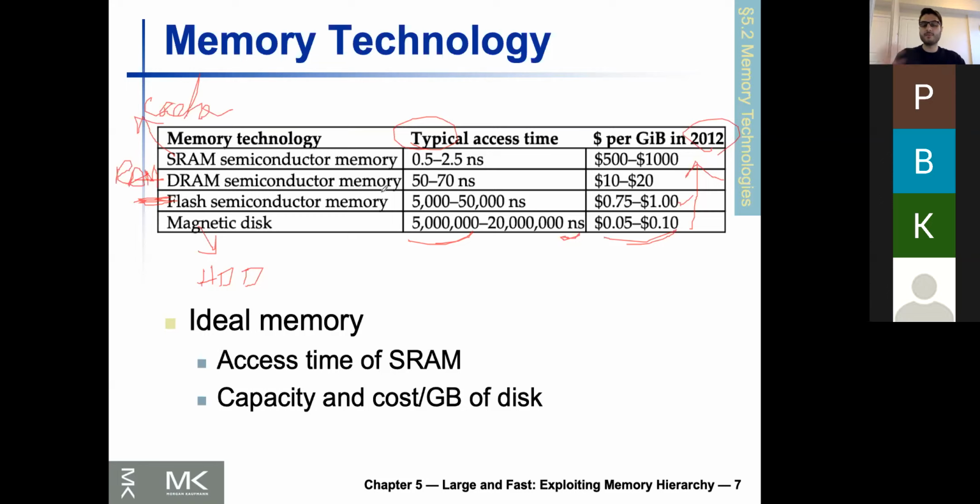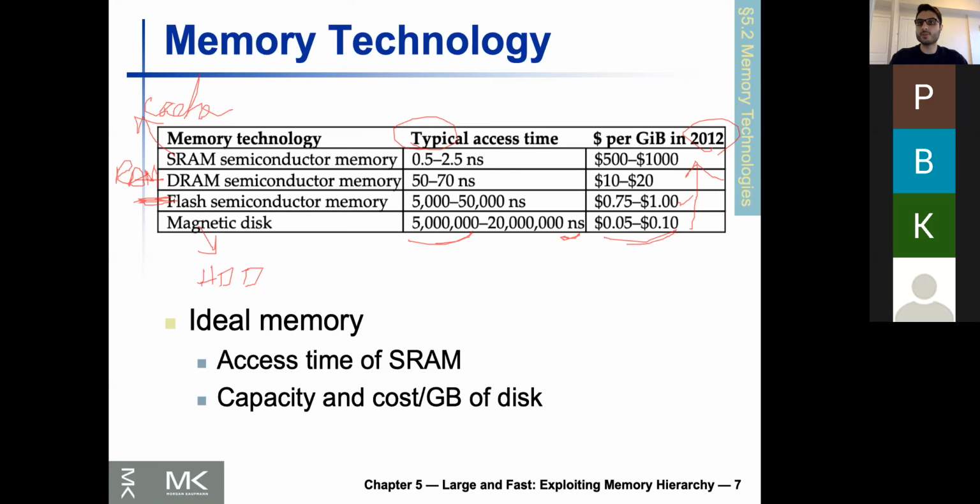Because every time you miss something, you have to go down in memory, fetch it, bring it back up into cache, and then access it from the cache. There's no direct way to access memory. Whatever we access should go down the path of the memory hierarchy.